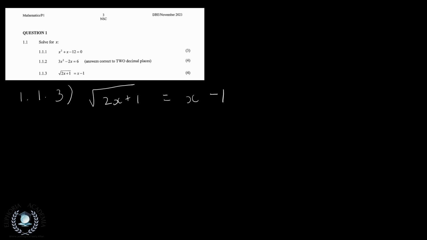Okay, cool. So the first thing that I want to do here is I want to get rid of the square root. So I'm going to square the left hand side as well as square the right hand side, and that is going to give us 2x plus 1 being equal to x minus 1 all squared. All right. Now I'm going to expand the right hand side. We're going to have 2x plus 1 being equal to x squared minus 2x plus 1.